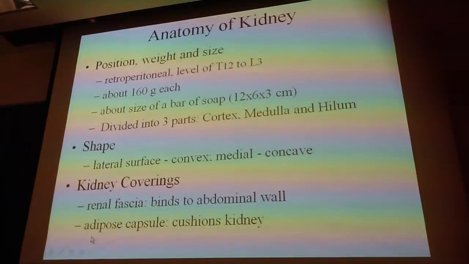The adipose tissue: on an x-ray of the abdomen, the reason we're able to see the kidneys is because they're surrounded by fat. So the fat protects them and, like I say, cushions the kidneys. Is the renal fascia the Gerota's fascia? Yeah. And that's very important because, as I said, if you have cancer in the kidney and it escapes out through the Gerota's fascia, then that's now treated as a whole different type of cancer.